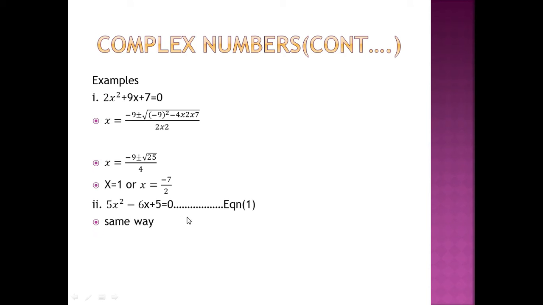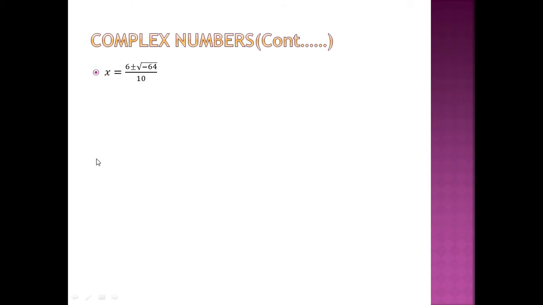In the same way, we use the quadratic formula above and plug in the numbers: negative of negative 6, plus or minus the square root of negative 6 squared minus 4 times a, which is 5, times c, which is 5 as well, divided by 2 times 5, which is a. On simplification, we have 6 plus or minus the square root of negative 64.